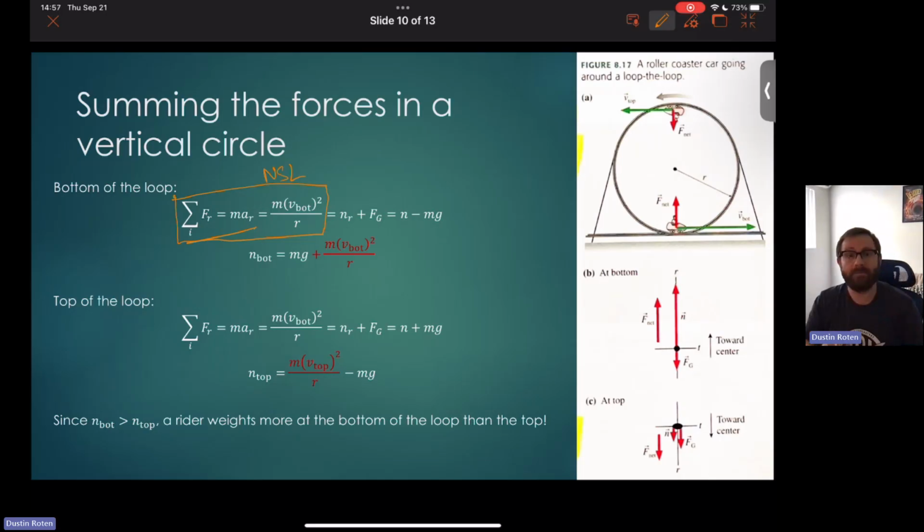Now let's sum these up. Obviously at the bottom we have 2 forces: the normal force and gravity. Gravity's negative, it's pointing down, so we need to include that when we add it in. So plus F sub g, which we know has to be negative because of the physics of the situation.